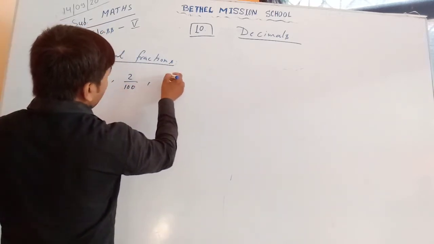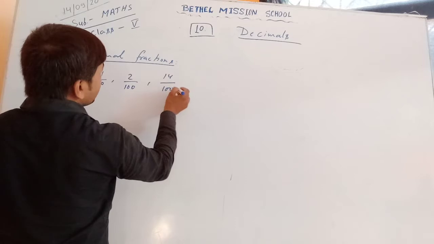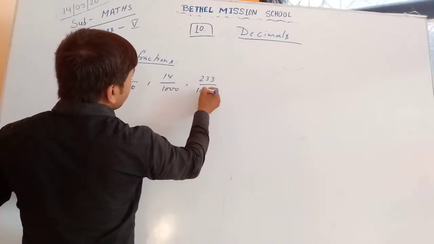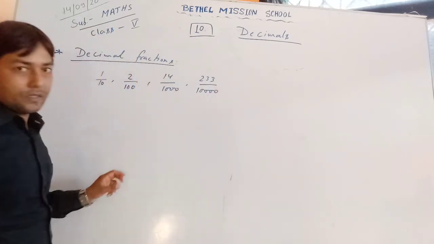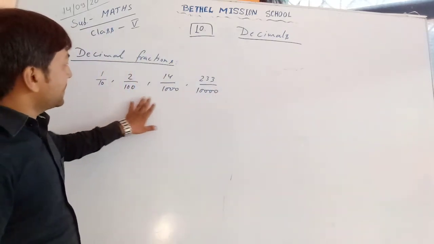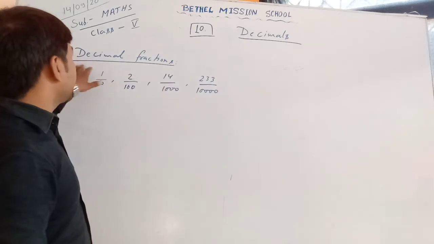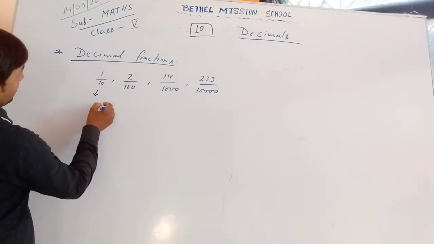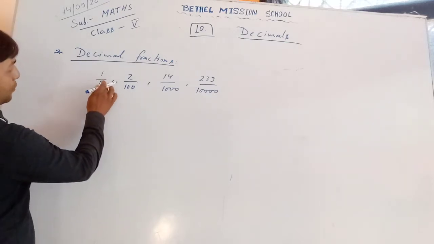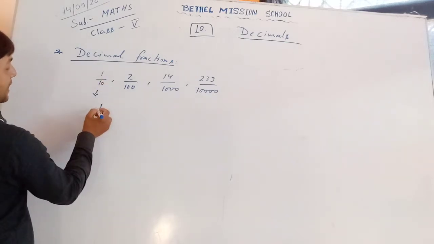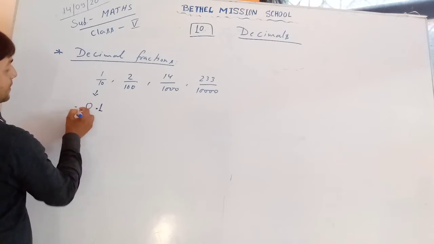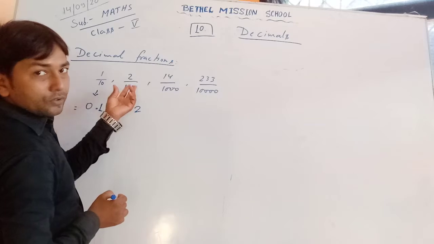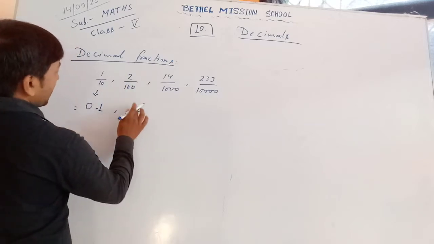100 or 1000 or 2000 or 10,000. These fractions are called decimal fractions because when we divide, you have to write 1 and put the decimal after 1 digit. Here write 2, and since 2 zeros are given, put the decimal after 2 digits.